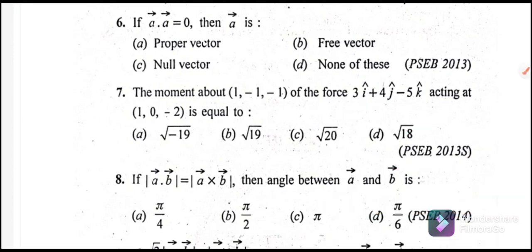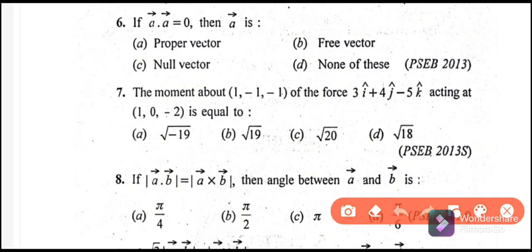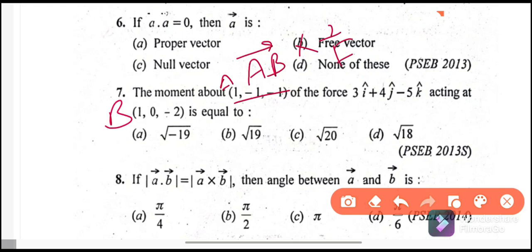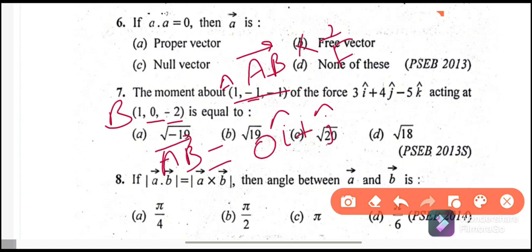Now moment about a point is equal to AB cross F. Now this is point A and this is B. Now position vector of AB is equal to 1 minus 1, that is 0 i, 0 minus 1 plus j cap, then minus 2 plus 1, that is minus k cap.